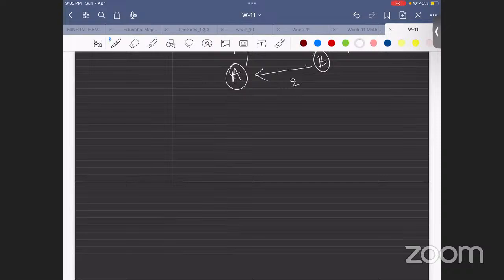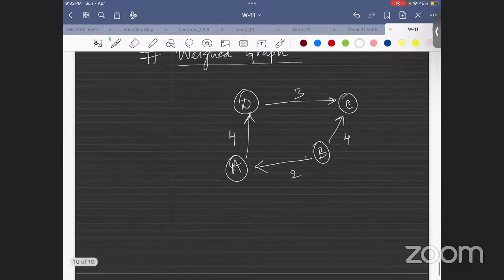But now we'll be dealing with the weighted graph, where we'll also have a cost. I'll give you one example of a weighted graph. This was the same simple example.